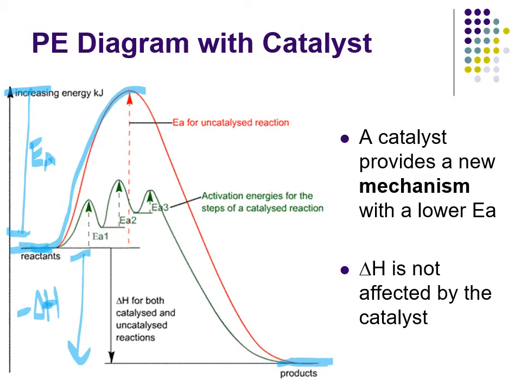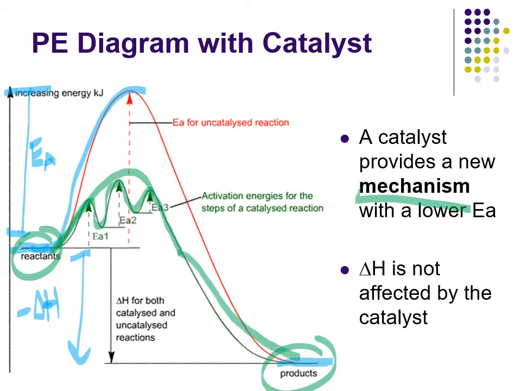But what a catalyst does is it says, okay, well, let's try a different route. Let's try another mechanism or a different pathway, doing things slightly different. We're still starting with the same reactants and ending with the same products, but we're going to go through some alternative pathway, and it could be broken up into several steps, or maybe it's just one alternative step. But whatever it is, in order to get the products, its EA is going to be less.